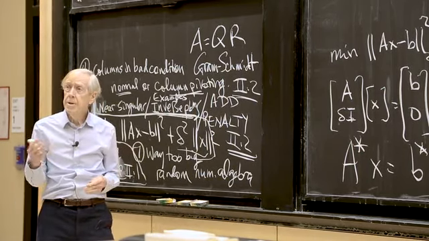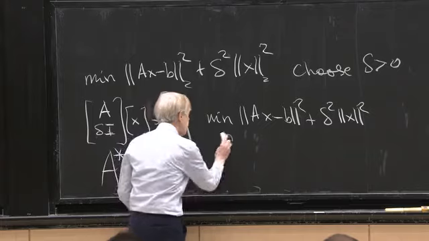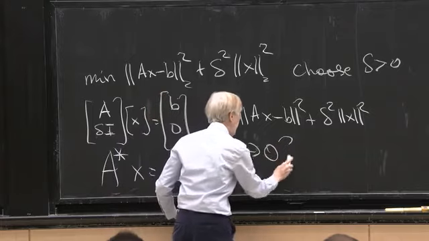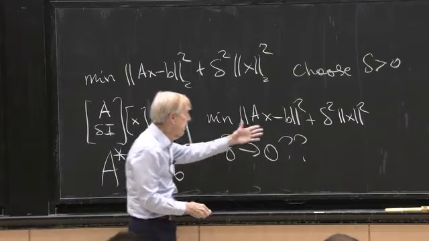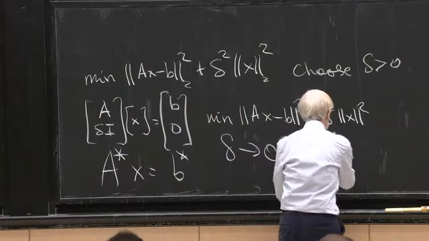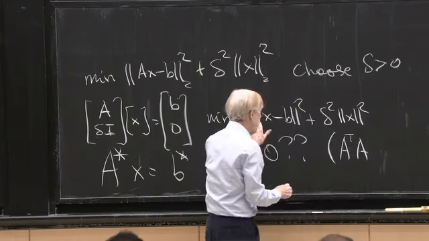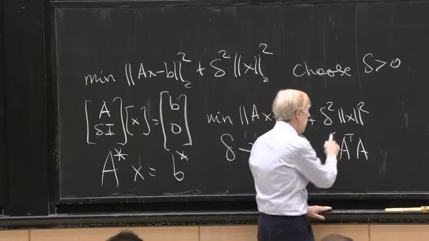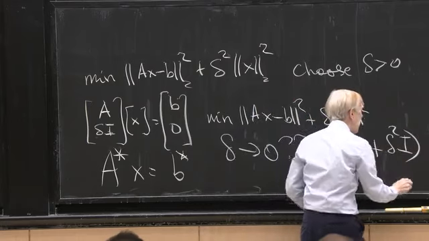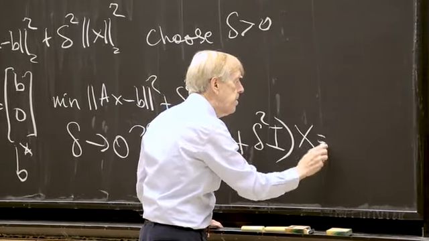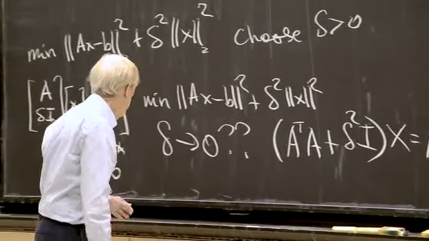What we could ask is the math question, what happens as delta goes to 0? So suppose I solve this problem. Let's see, I could write it differently. Shall I write what would be the equation here? This part would give us the A transpose A, and then this part would give us just the identity, X equals A transpose B. I think, yeah, wouldn't that be?